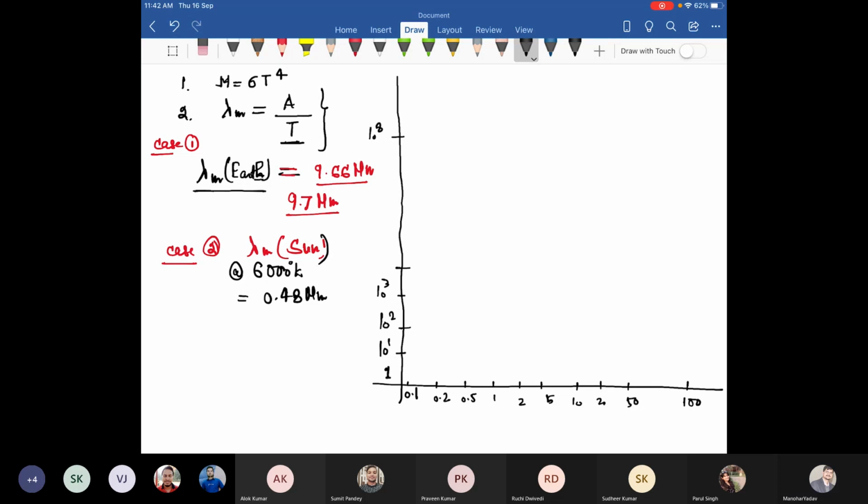Okay, so this is the wavelength. It is measured in micrometer.